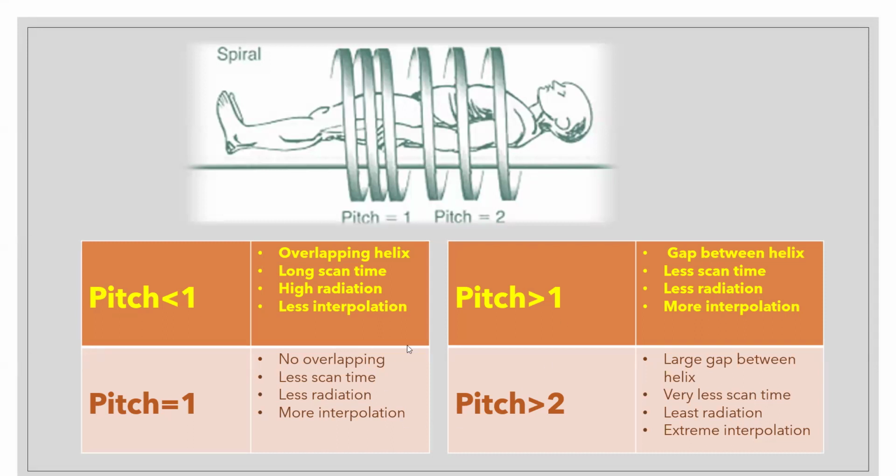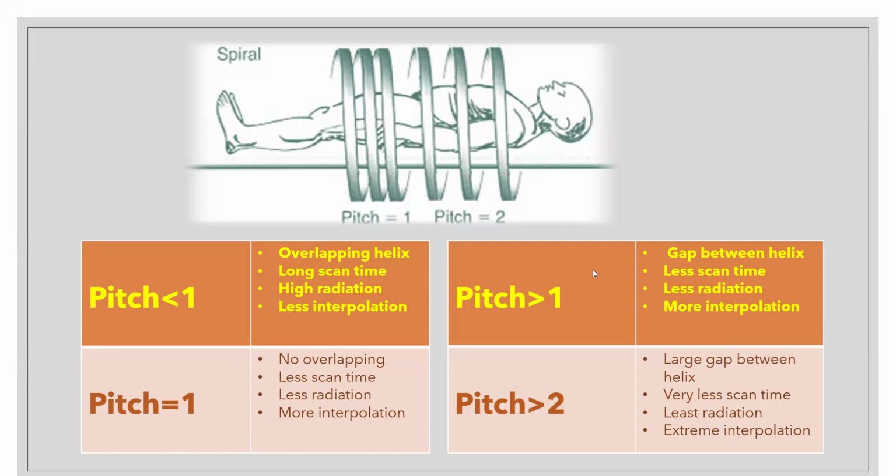Usually, when we advise, we always say the pitch should be more or less equal to 1. Why do we always ask for the pitch to be 1? Because there is no overlapping, the scan time is less, there is less radiation and more interpolation. If pitch is less than 1, there will be overlapping helix, long scan time, high radiation and less interpolation.